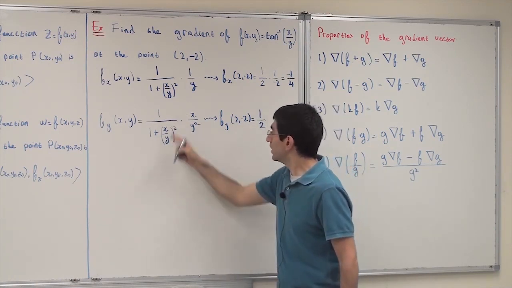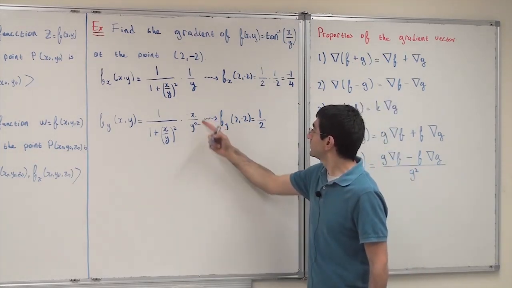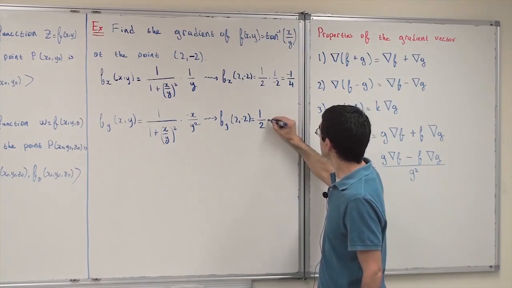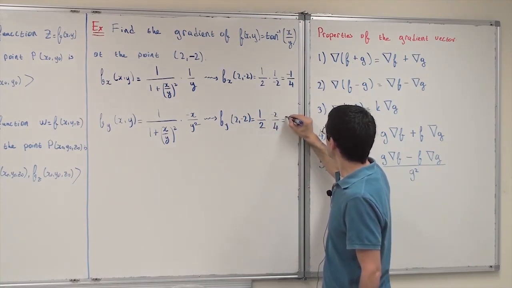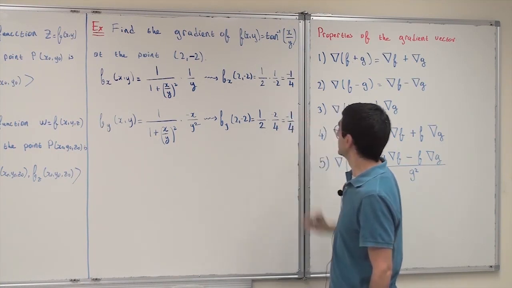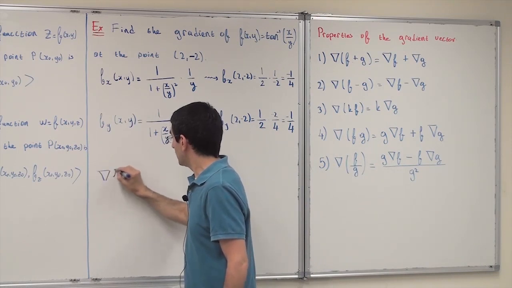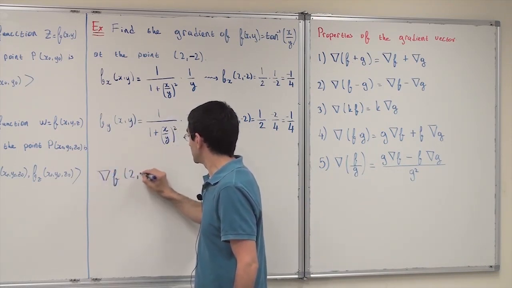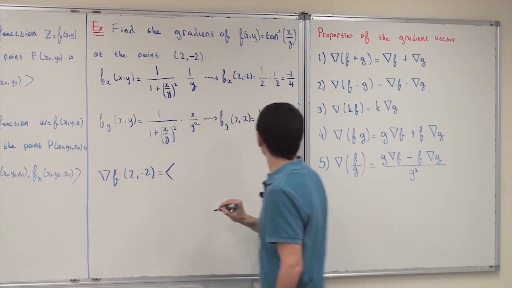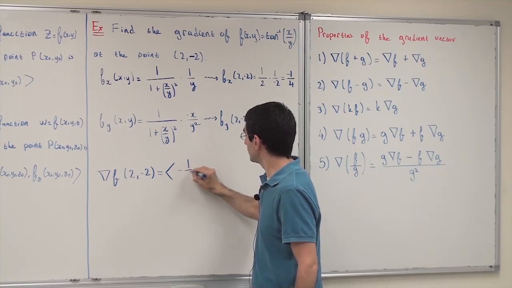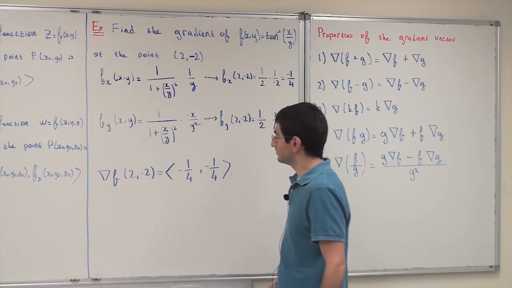So we get 1 over 2 from the first part of the derivative, and then negative 2 over 4, which simplifies to, again, negative 1 over 4. So, the gradient vector of f at the point 2, negative 2 is the vector whose components are negative 1 over 4 and negative 1 over 4.